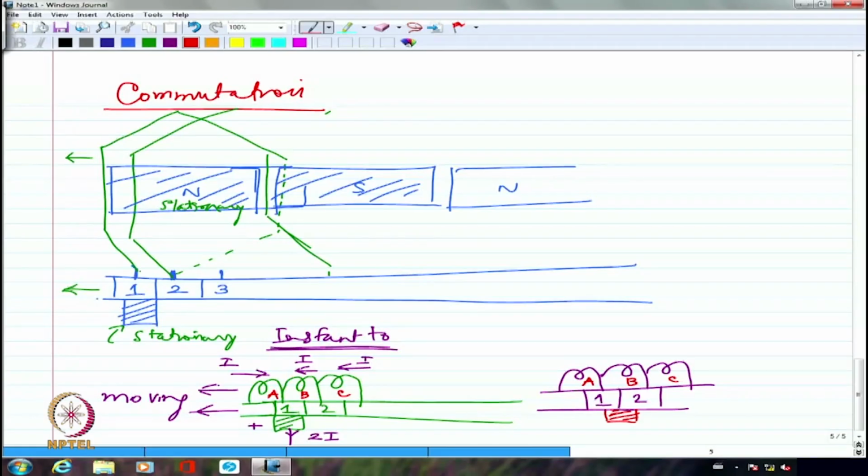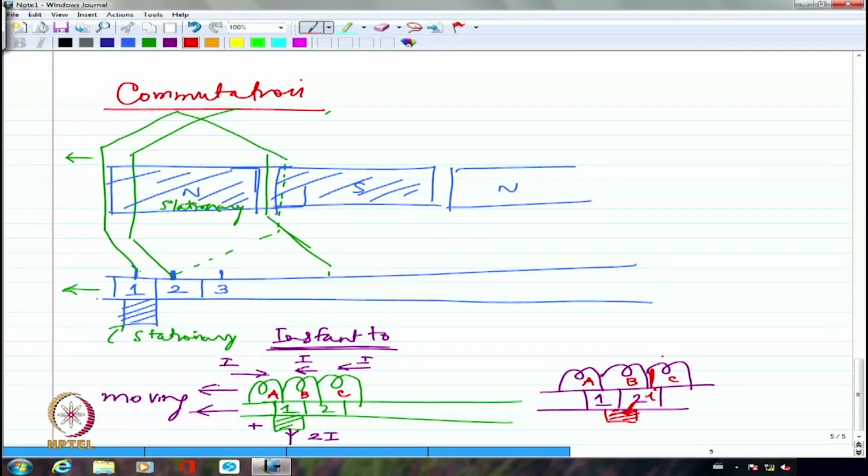What will happen is some current will be collected here directly from commutator segment 2, which means coil B and coil C junction is actually pushing some current into the commutator segment 2, which is actually being pushed into the brush. So, if I call that current small i, I don't know what that value is.